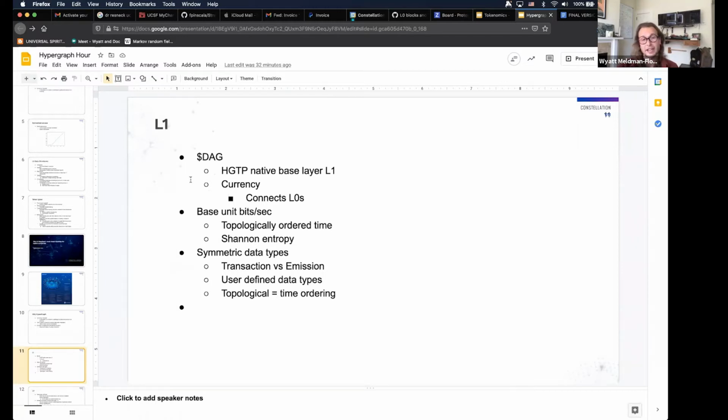And so at least from the DAG perspective, what we are able to do, which does enable the L0 layer, is to organize this data topologically such that it gives us a sort of smooth time. And that basically allows us to reason about the state of our network and different data types that, as we showed before, can be normalized.